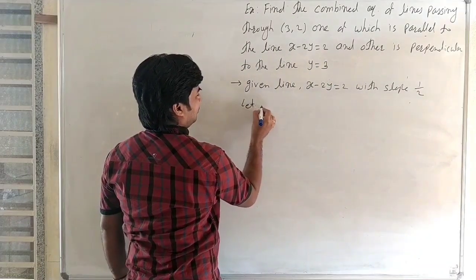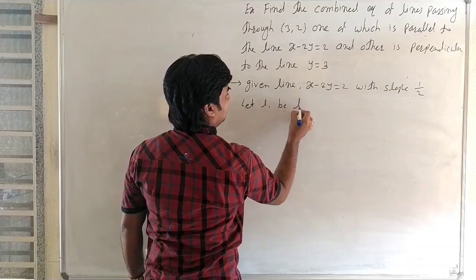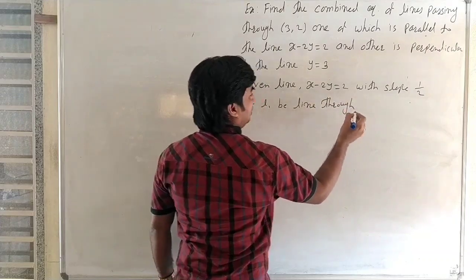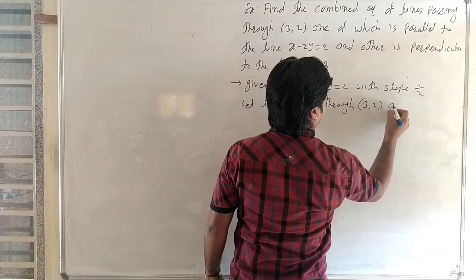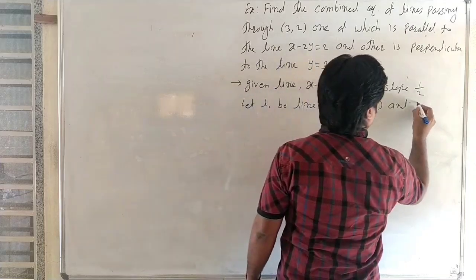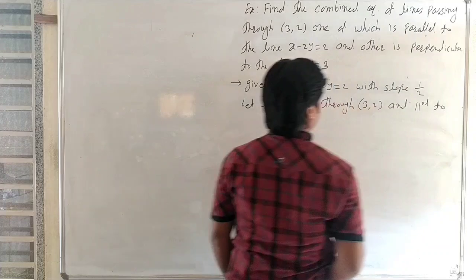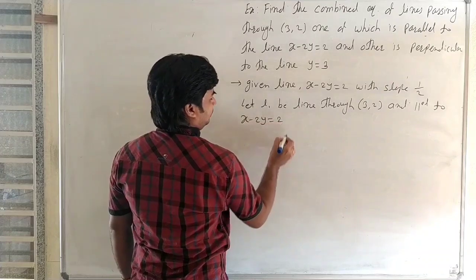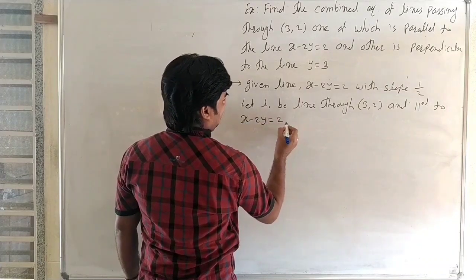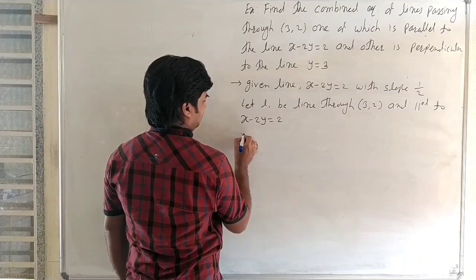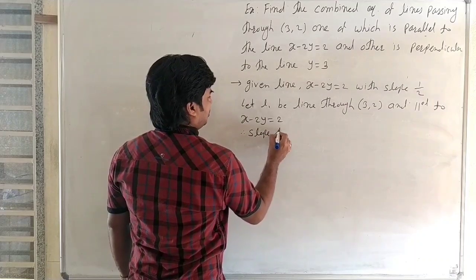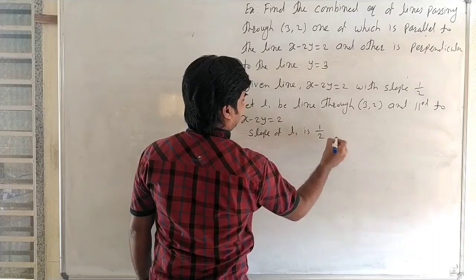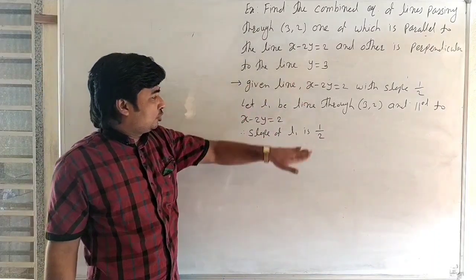Let L1 be the line through (3, 2) and parallel to x - 2y = 2. Therefore, the slope of L1 is 1/2.